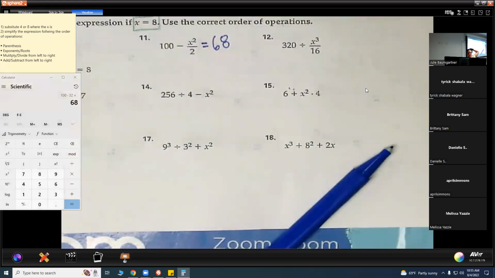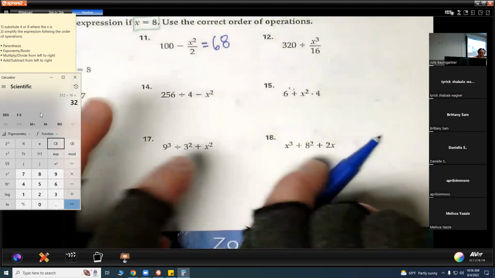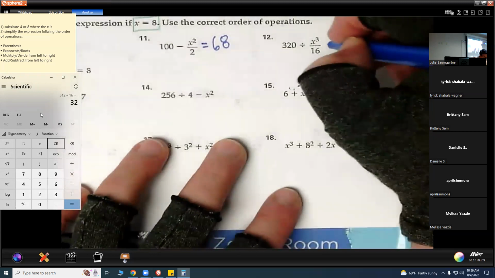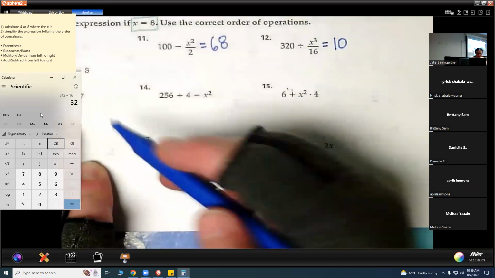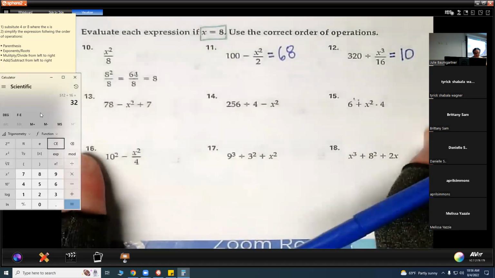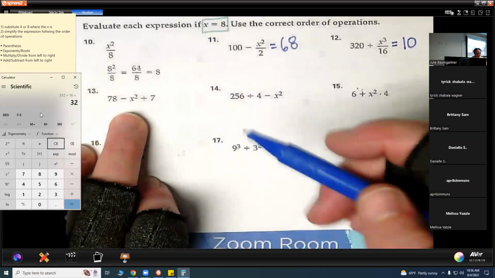Okay. All right, let's see. 8 cubed is 8 times 8 times 8, 512. And then we're going to divide that by 16. So then 320 divided by 32 is 10. All right. 8 squared is 64.